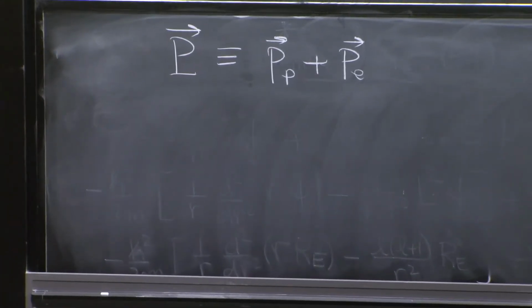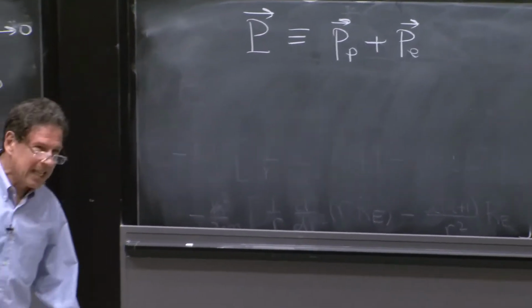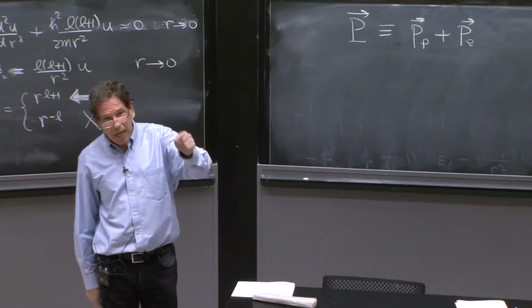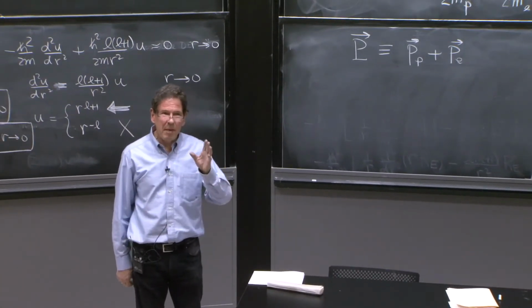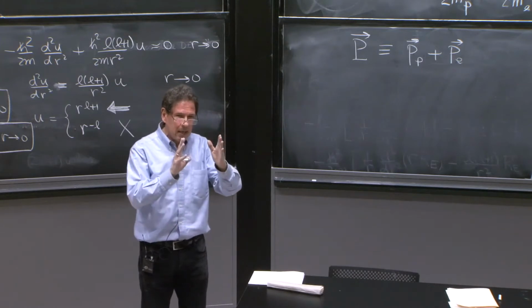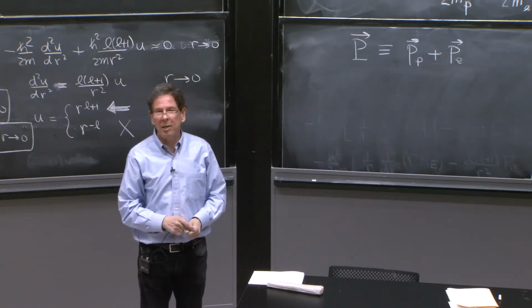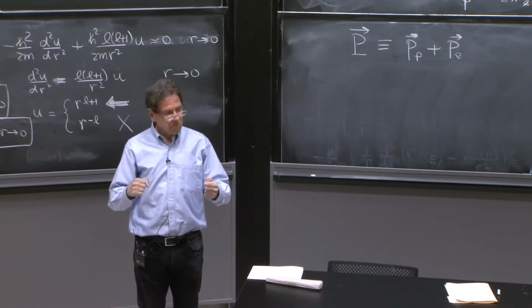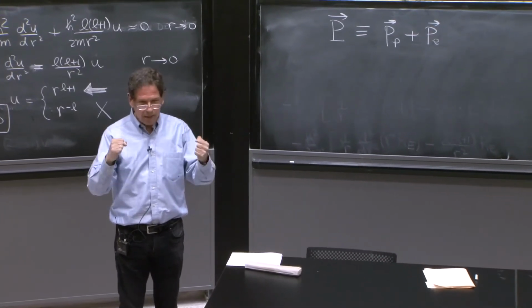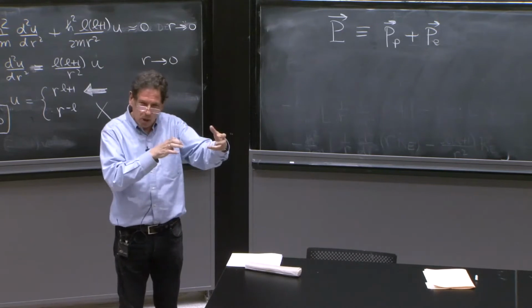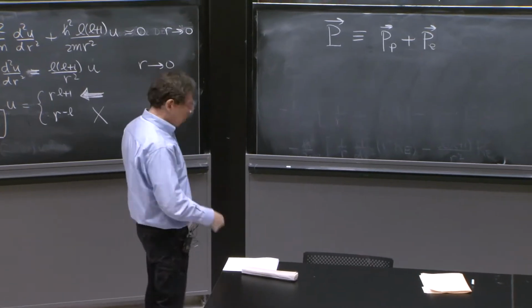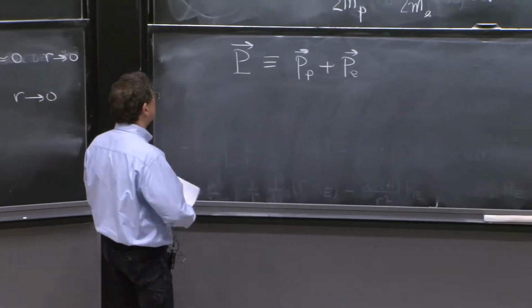And now I want to define an x that goes with this P. And by that I mean that this x must have a commutation relation with this P that tells, yes, you are an x, because x with p should be i h bar. So whatever I define here, that should happen.